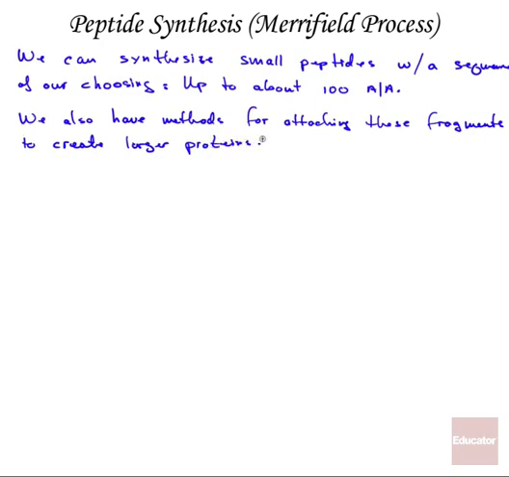So before, we took a large protein, we fragmented it, we sequenced the fragments. Now we're just going in reverse. We're creating sequences up to about 100 amino acids long, and then we can take those, let's say, 5 fragments, stick those 5 fragments together, and create a really large protein. This is really, really fantastic.